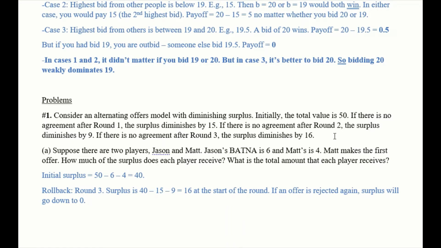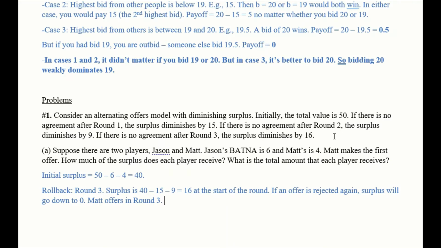So Matt makes the first offer, so I offer in round 1. That means that Jason offers in round 2. That means that I offer in round 3. We take turns. So I get to make the offer in round 3. I know that if my offer is rejected, then there'll be no surplus left.